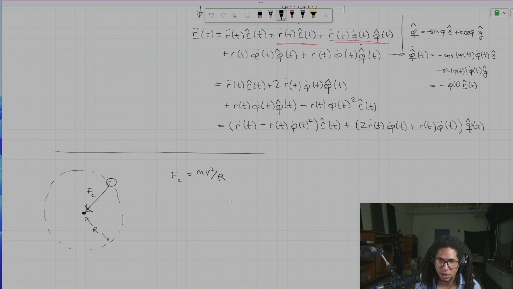Okay, so now let's go ahead and figure out Newton's second law in this case. From what I just wrote, I would have minus mv squared over r times r hat, because this force is in the minus r hat direction, equal to... okay, so this is the force side.